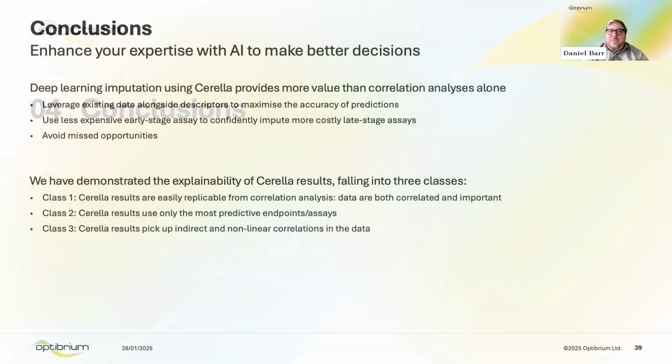So just to conclude what we've seen through the case study here today, first, we hope that we've shown that deep learning imputation using Cerella provides more value than correlation analysis alone. We saw those 4 different classes of results where really the class 2 and class 3 results, we see Cerella adding value that we couldn't get from correlation.